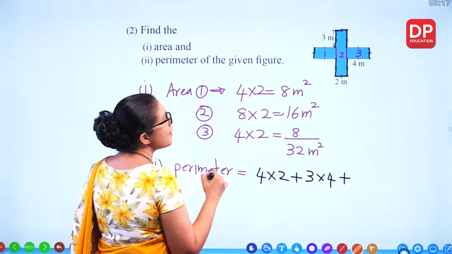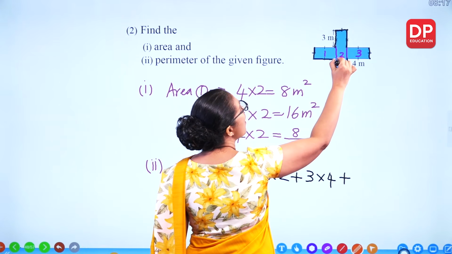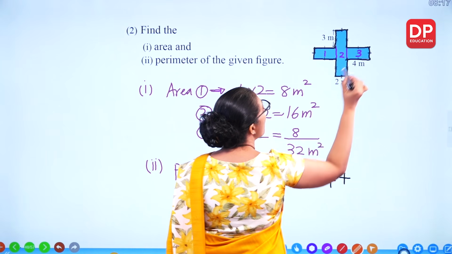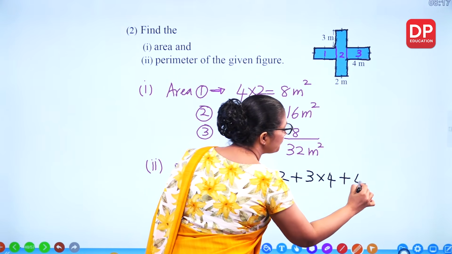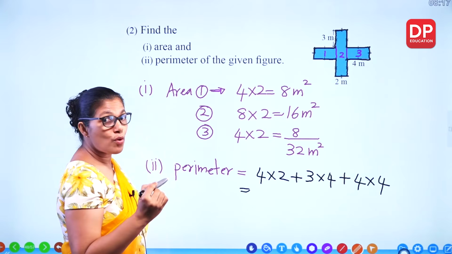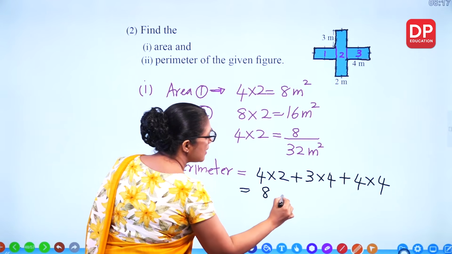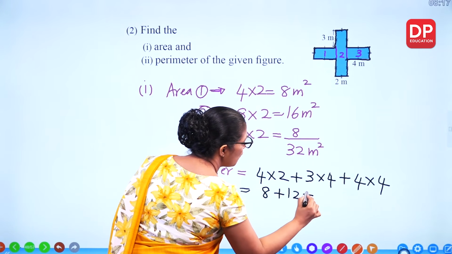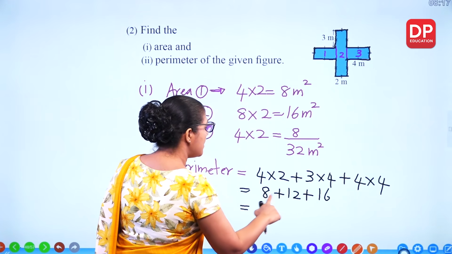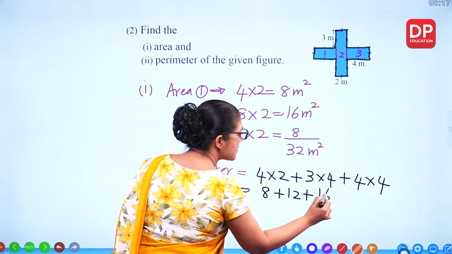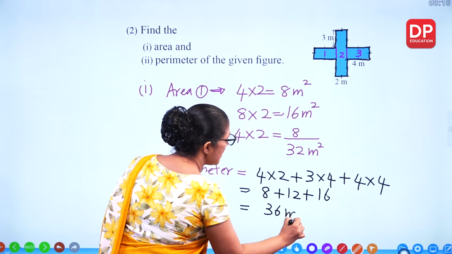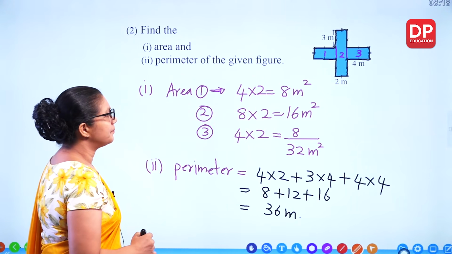How many 4's are there? 1, 2, 3, 4. 4 times 4. Now add it together. 4 times 2, 8. 3 times 4, 12. 4 times 4, 16. So when you add it together, this is 20. 20 plus 16. 36 meters is the perimeter.